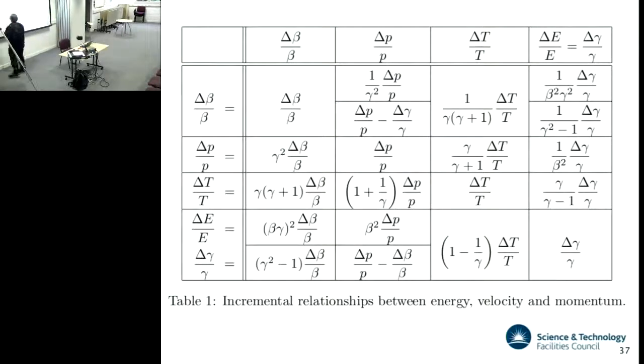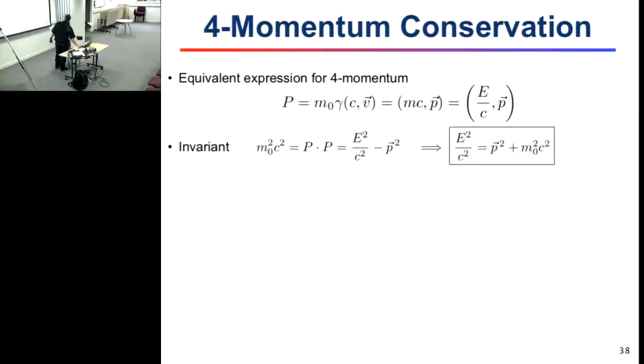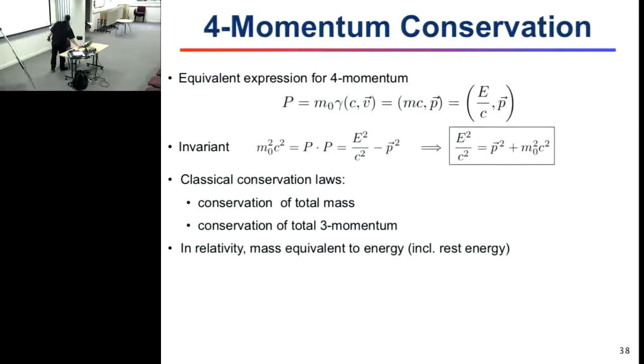So small changes. I guess the most useful one is probably these sorts of things, small changes in energy, how they relate to small changes in beta, or small changes in gamma, and so on. But these are the fun ones.